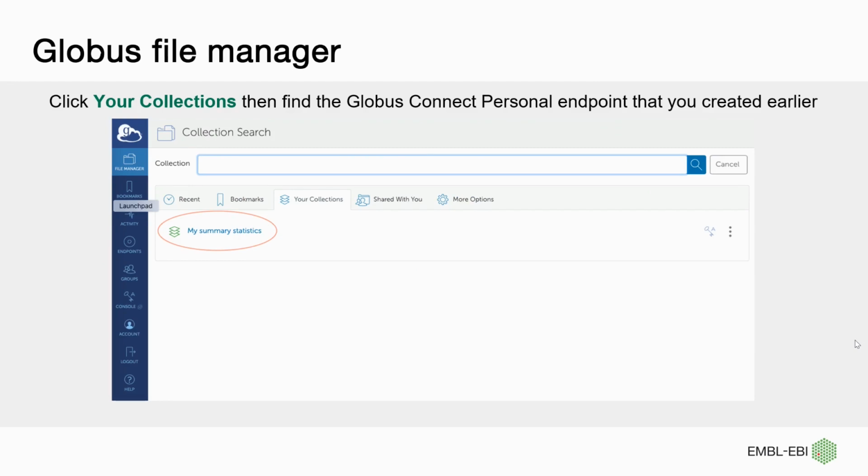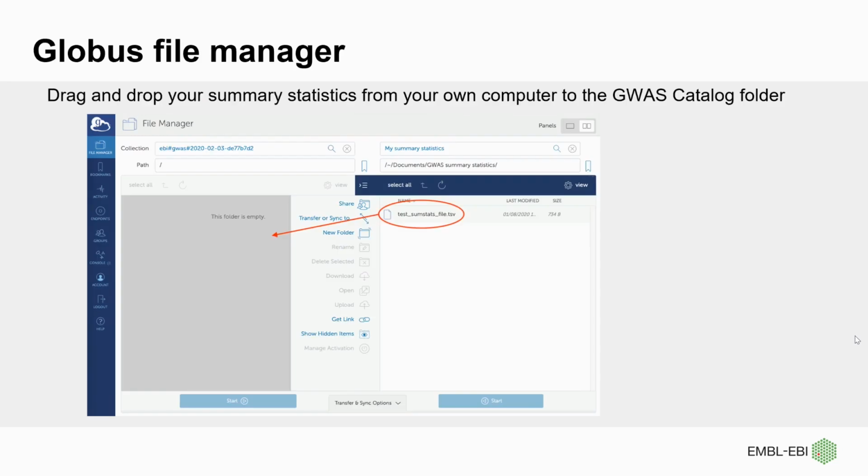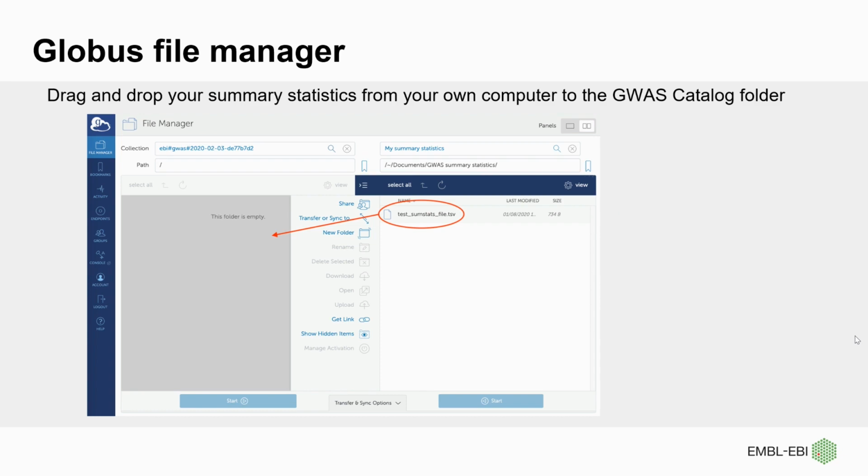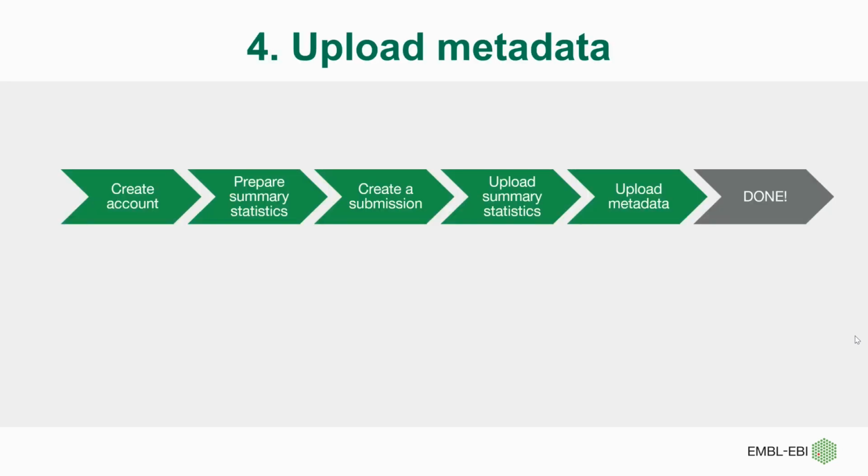Click Your Collections, and then find the Globus Connect Personal endpoint that you named earlier when you were setting it up. In my case, I've called it My Summary Statistics. You can then drag and drop your summary statistics from your own computer on the right to the GWAS Catalog folder on the left. And there's no need to wait on this page for the transfer to complete. You'll get an email to tell you when the transfer is finished.